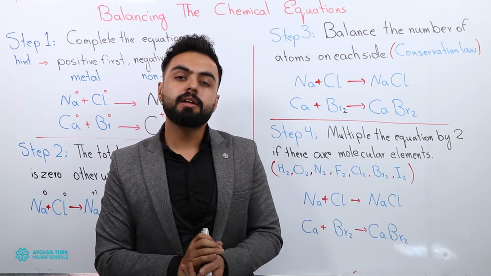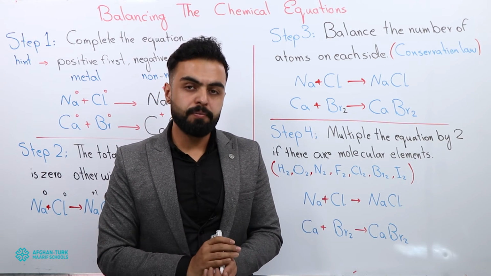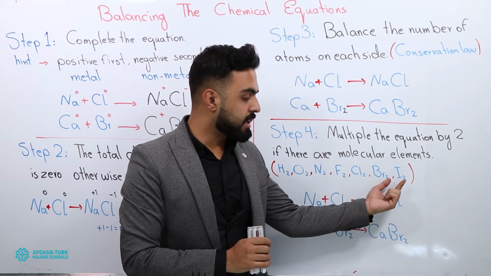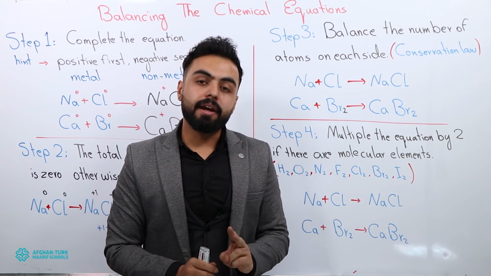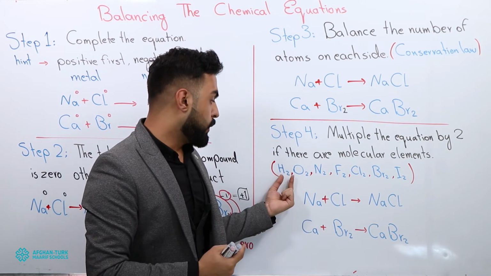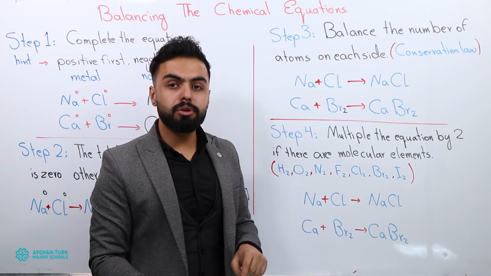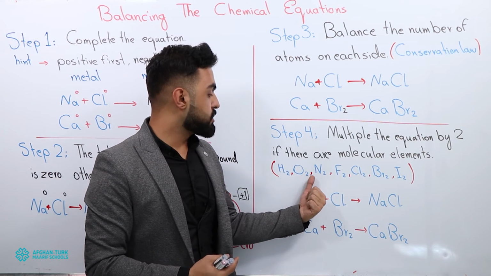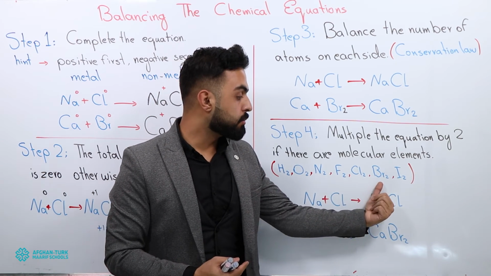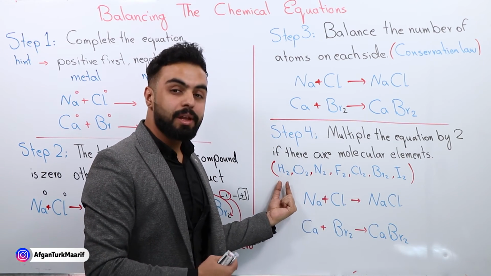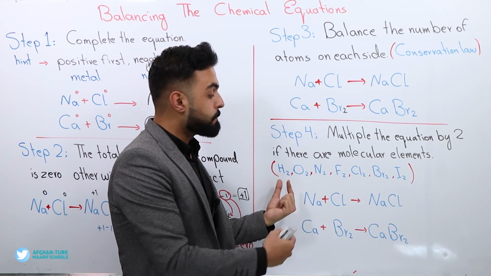What does molecular elements mean? In nature, we find these 7 elements in pairs. It means we cannot find them alone, and when we use them in an equation, we should use them in pairs: hydrogen, oxygen, nitrogen, fluorine, chlorine, bromine, iodine. So it means that they should have a 2 on their right side.